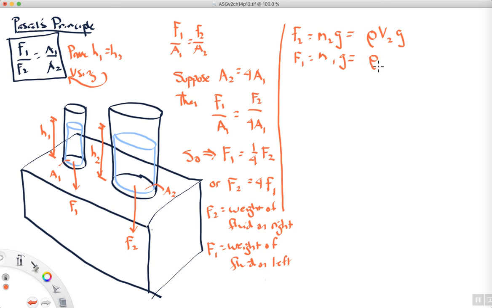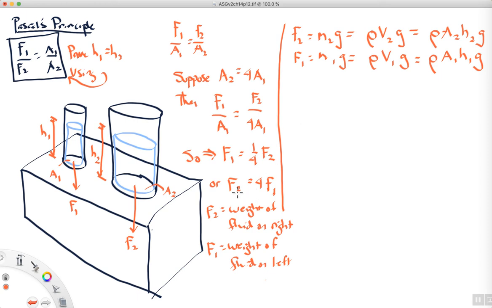And M1 is the density times the volume of the fluid on the left. The volume of the fluid on the right is the area on the right times the height on the right. And the weight of the fluid on the left side is density times area 1 times H1 times G.